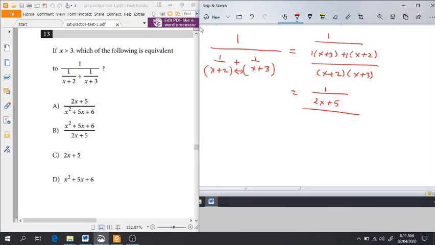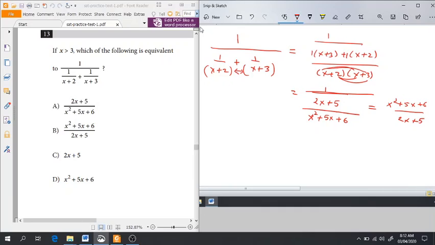Then when you apply the distributive property here, multiplying x with this, then with this, multiplying 2 with this, and then with this, you'll be getting x square plus 5x plus 6. So this is like 1 over this term. This can be written as x square plus 5x plus 6 over 2x plus 5.